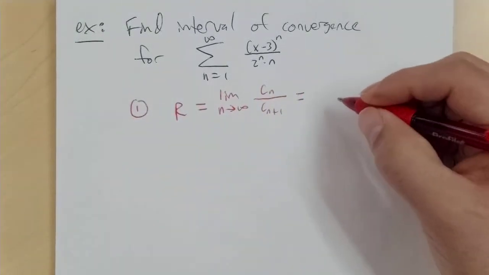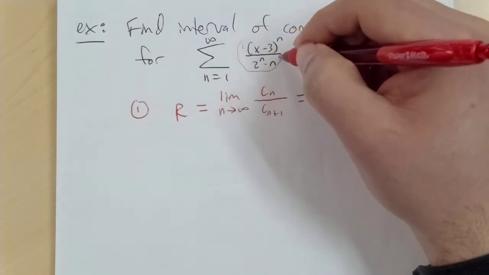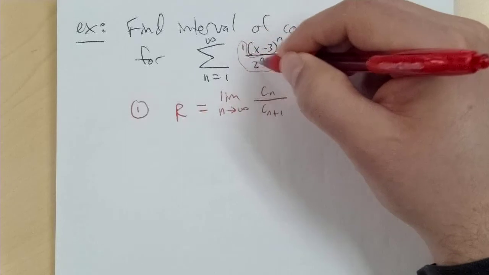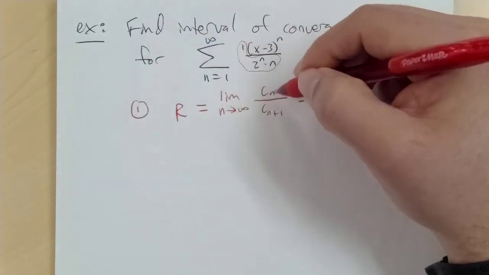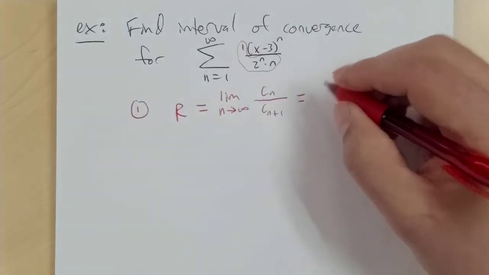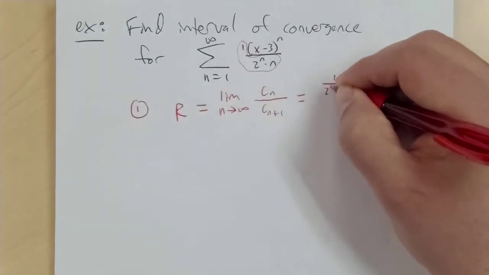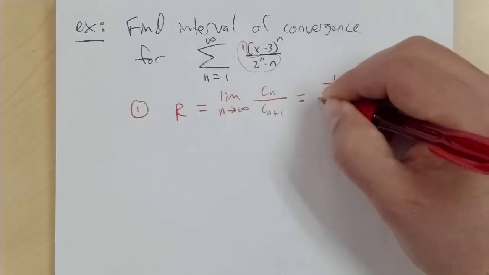Okay, and so if I actually look at the c sub n, we're talking about 1 over 2 to the n times n. Those are our coefficients, equations for n. So c sub n would just be 1 over 2 to the n times n.